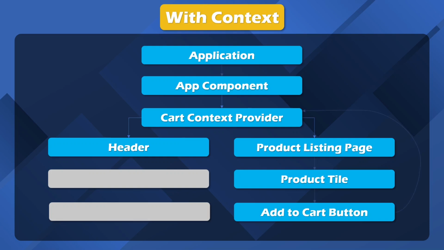In that case, we can see this add to cart button can directly reach out to the cart context provider and get the required state. So there is no need to tightly couple your components with props, but the components themselves can reach out to the context provider and get the required values whenever they need. And this usage of useContext eliminates the need for prop drilling by providing a way to share state and functions directly within any component that needs them.